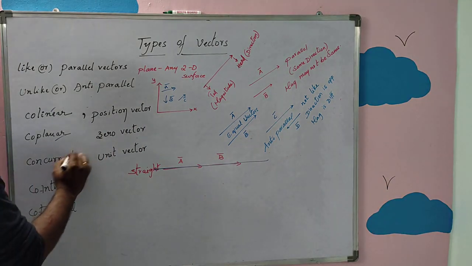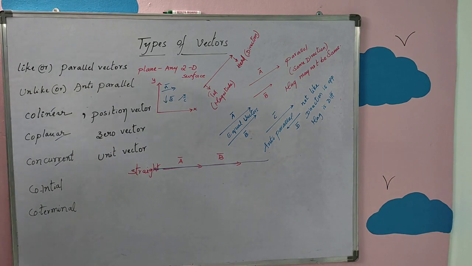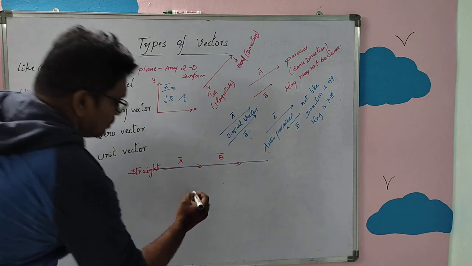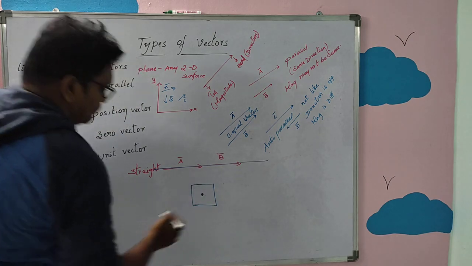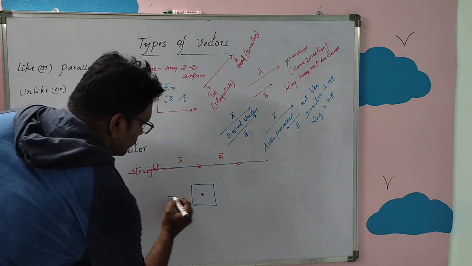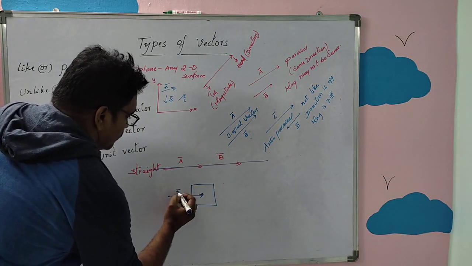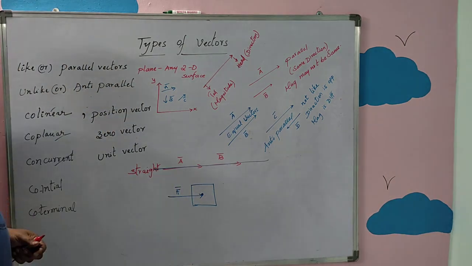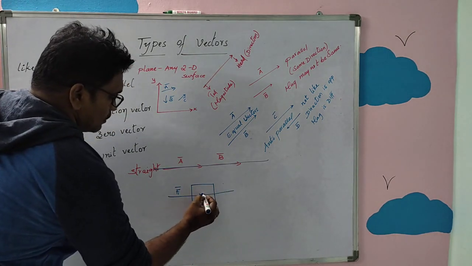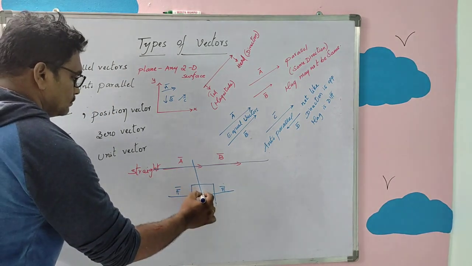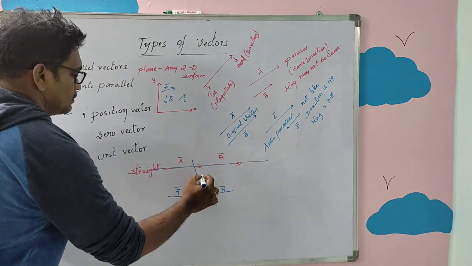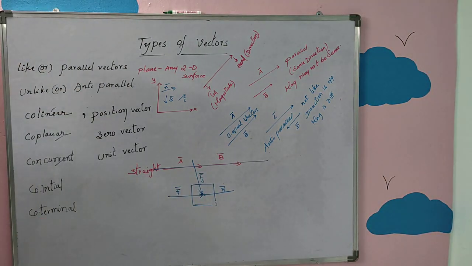Concurrent vectors. Normally this type of vector is used to express forces acting on a body. Force is also a vector, you know. For example, take this body, consider one point here. Say F1 force vector is acting at that point, another force vector is acting at the same point, and one more, F3 vector.